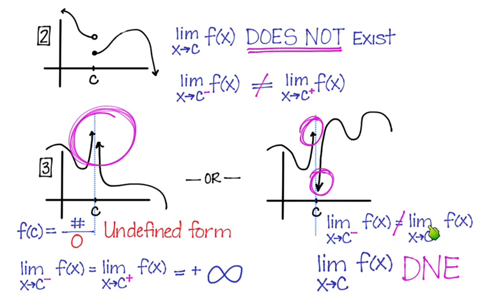The left-hand limit and the right-hand limit are not the same, which is not the same as jump discontinuity. In this case, the left-hand limit and the right-hand limit are each infinity, but one will be negative infinity and the other will be positive infinity. So this was a review of continuity and discontinuity, because remember, for the intermediate value theorem, you first have to determine that you have a continuous function on a closed interval.